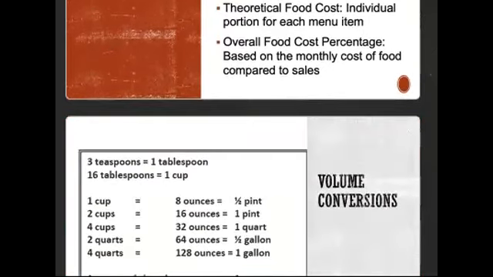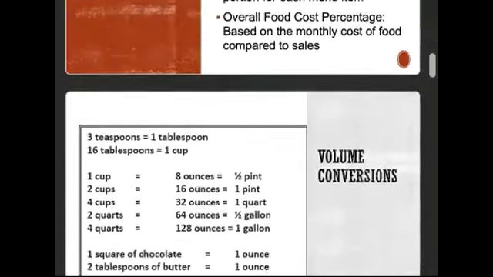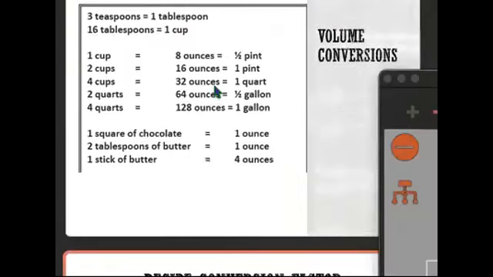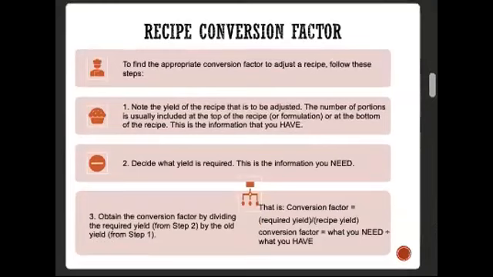Okay, now let's talk about the recipe conversion factor. The recipe conversion factor is what you will find to convert a recipe. So to find the appropriate conversion factor to adjust the recipe, what you will have to do is see what the yield is of the recipe that needs to be adjusted.